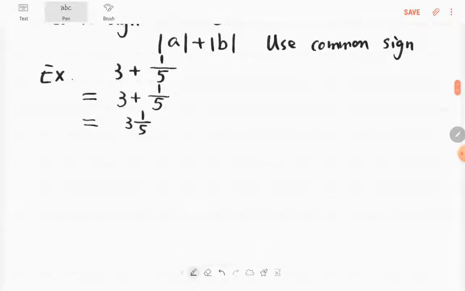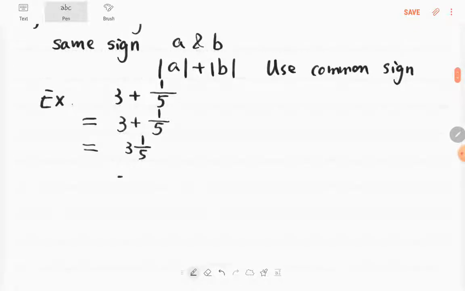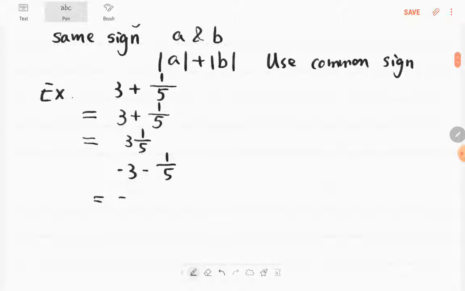Right? But for example, if we do -3 minus 1/5, we can treat it just like -3 plus negative 1/5. This is just the same meaning, right? When we check these two numbers, we realize they both have the negative sign, which means our answer should have the negative sign.